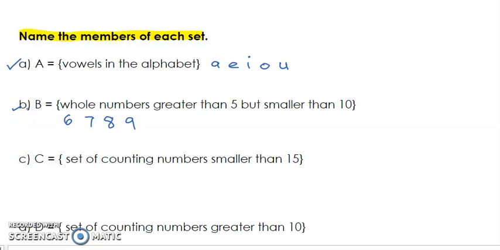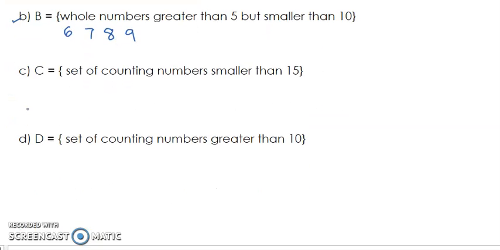Okay, very good. Let's scroll down a bit. Let's look at the set of counting numbers smaller than 15. C is a set of counting numbers smaller than 15. We know the difference between counting numbers and whole numbers. Counting numbers start with 1 while whole numbers start with 0.